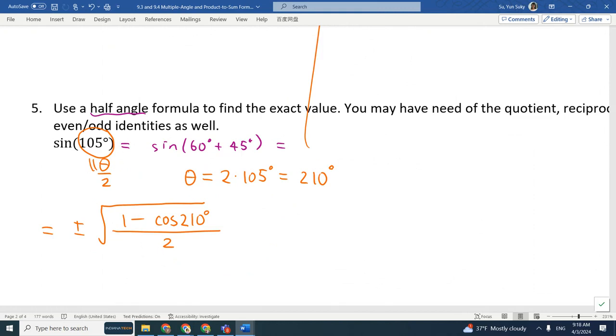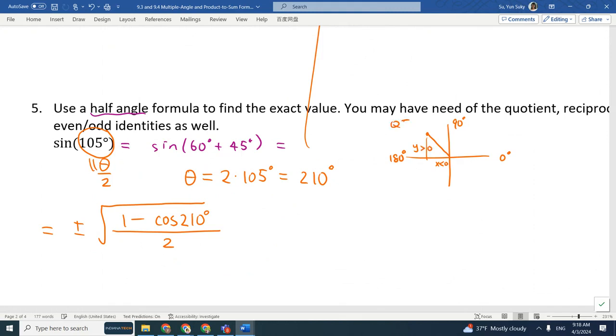But how do we know this is plus or minus? Well, then you need to draw the picture. This is 0 degrees, 90 degrees, and 180 degrees. 105 is between 90 and 180. So the point is right here. Do you see the x is positive or negative? Negative. The y is positive or negative?